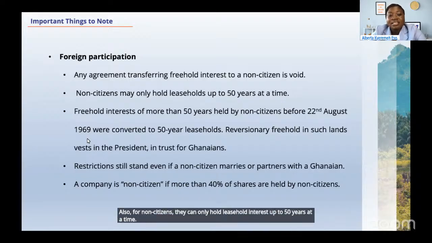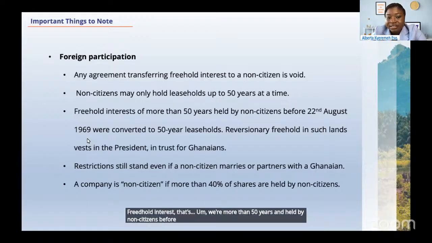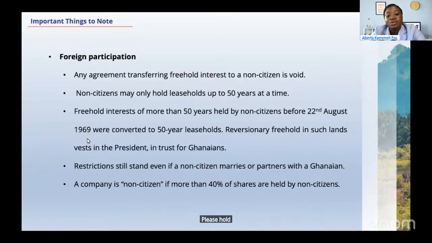Freehold interests that were more than 50 years and held by non-citizens before 1969 were all converted to 50-year leasehold, and the reversionary interest in these lands vests in the President in trust for Ghanaians. So, since 1969, no foreigner can hold leasehold interest beyond 50 years.